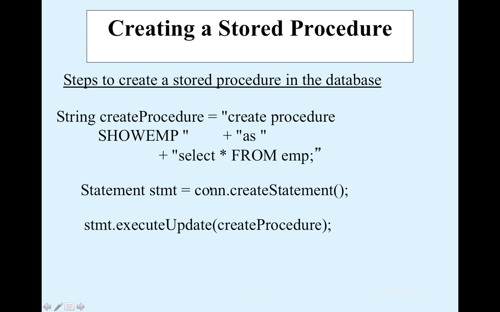Now con.createStatement is like creating a stored procedure through the application. You're creating it as an SQL query, creating a create statement and calling execute update, which will create a stored procedure on the database directly. The result set of it is the same as select star from emp. That's the cursor.